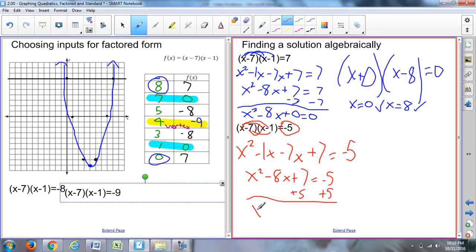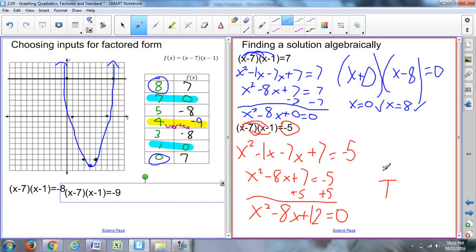So now we're looking for things that add to negative 8, but multiply to make 12. There's an infinite number of combinations that sum to negative 8: 1 and negative 9, 2 and negative 10, 3 and negative 11, 4 and negative 12, and so on. So instead, we're going to list the possibilities that multiply to 12, specifically the negative combinations because we're trying to add to a negative.